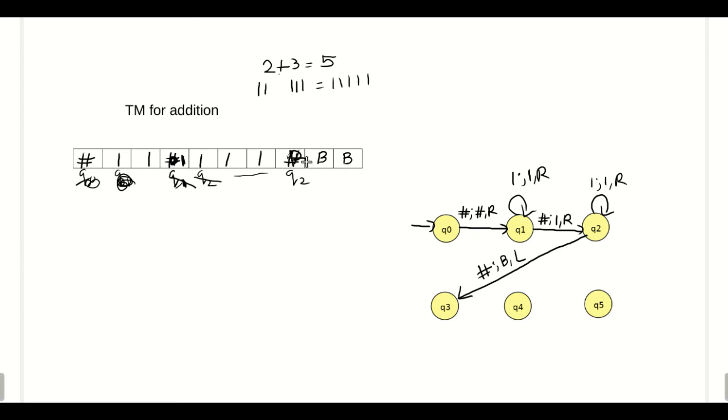So this hash will be replaced as blank, and we change the state to q3. Now in q3, this one has to be replaced as hash. So from q3 the one we are seeing will be replaced with the hash, and the tape head will move towards the right side.